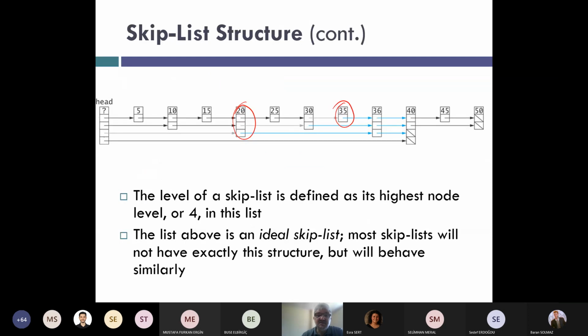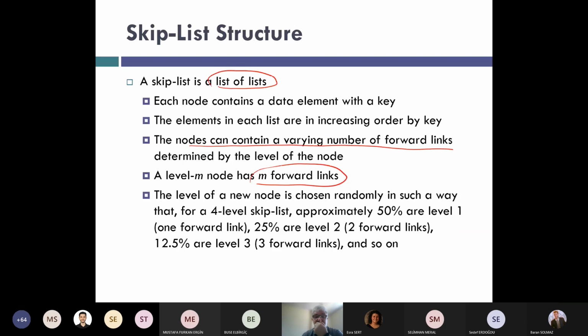So 20 is a level 3 node, 35 is a level 1 node, 30 is a level 2 node, etc. And as you see, 40 is a level 4 node, and 4 is the level of this skip list. A level 4 skip list, right?